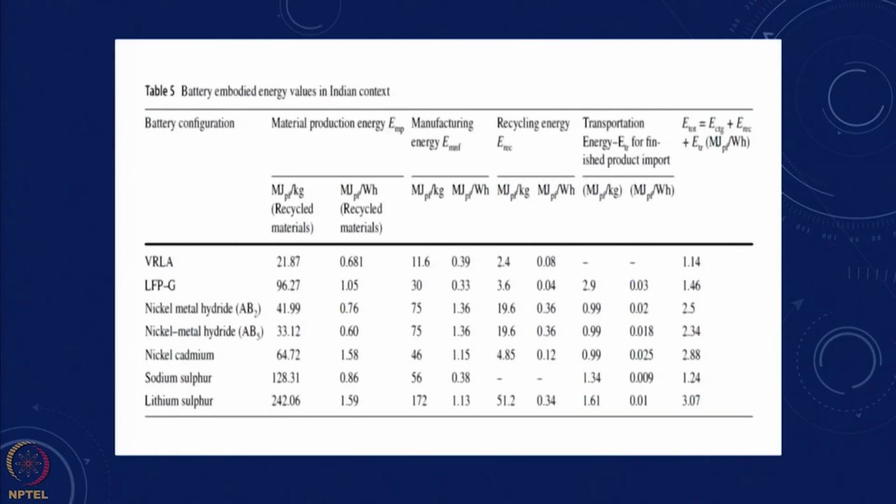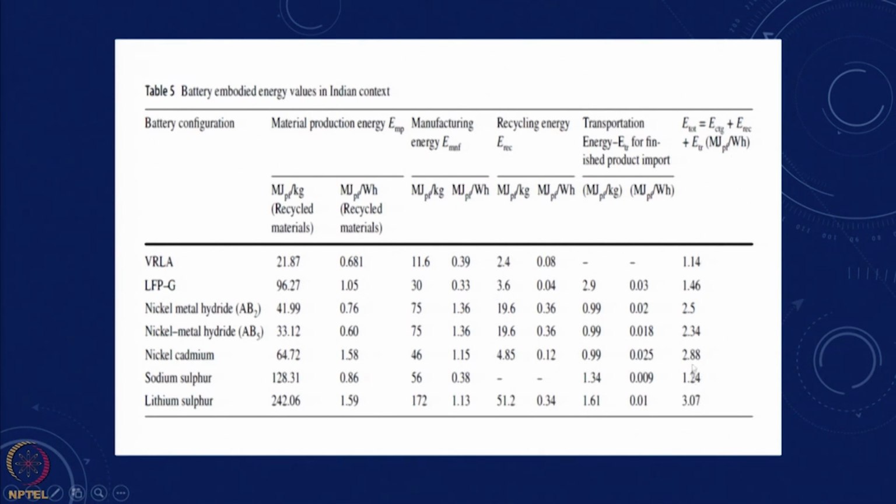Based on this, now we get for each of the different batteries, lead acid battery, lithium ion, nickel metal hydride, nickel cadmium, sodium sulfur, lithium sulfur, the material per kg of the material, the manufacturing energy, the recycling energy, the transportation, and then we get the megajoules per watt hour of the battery capacity.